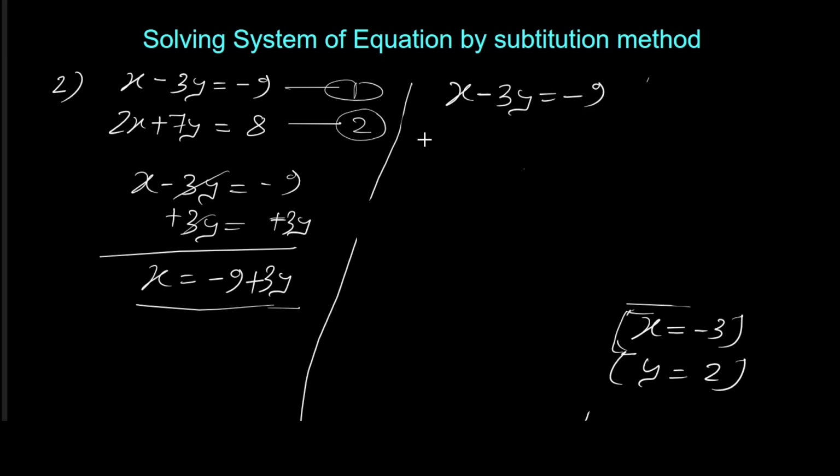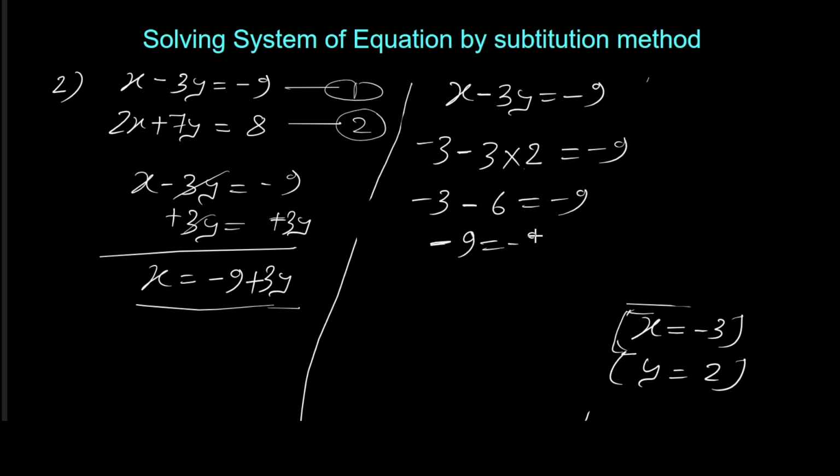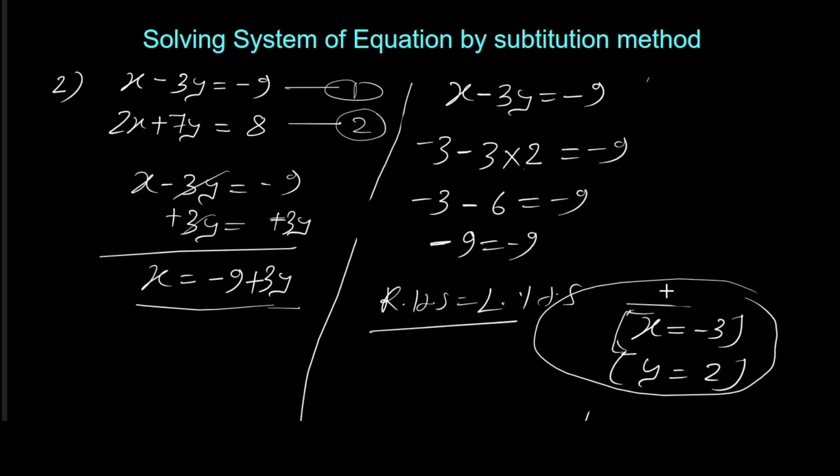So x means negative 3, minus 3 times y, which is 2, equals negative 9. Negative 3 minus 6 gives us negative 9 equals negative 9. The right-hand side equals the left-hand side, so it shows that our solutions are correct.